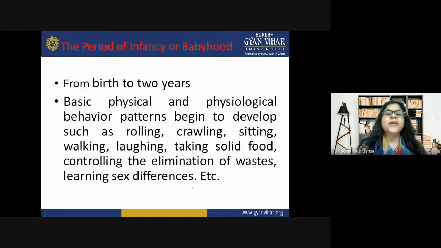Now, next is the period of infancy or babyhood. This is the period, students, which continues from birth to 2 years, that means 0 to 2 years.